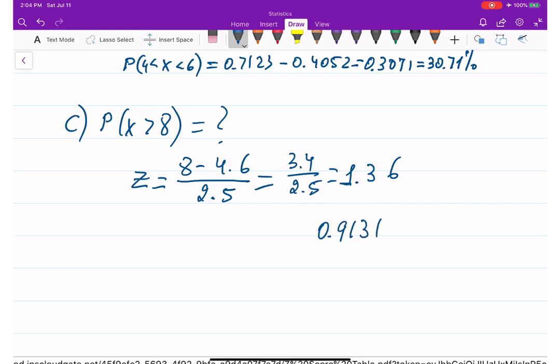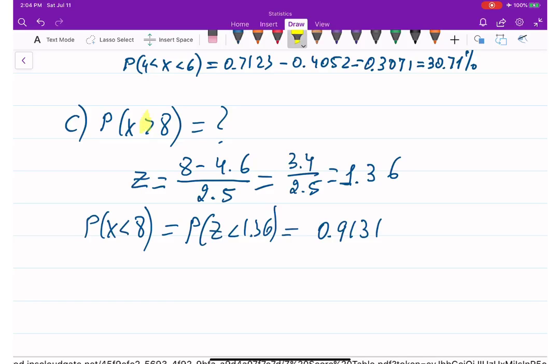That is the probability of z-score less than 1.36, and that is equal to the probability of x less than 8. But we need greater than 8, right? Remember what we have to do? Correct, we need to subtract. This is 1, the entire area here.